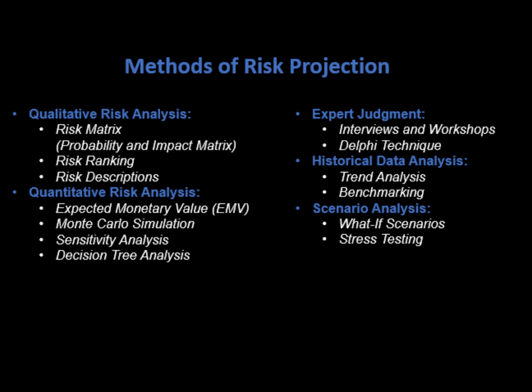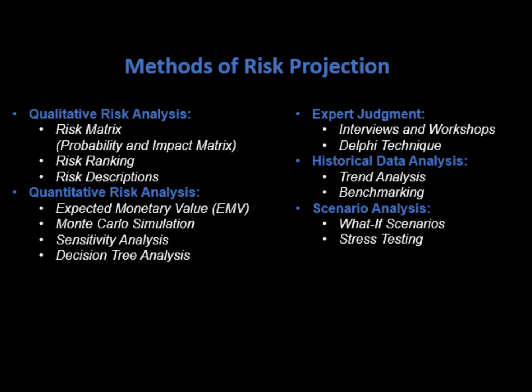Third point, expert judgment. Interviews and workshops. Gather insights from experts and stakeholders to estimate the likelihood and impact of risks based on their experience and knowledge. Delphi technique. Conduct multiple rounds of anonymous surveys with experts to reach a consensus on risk projection.